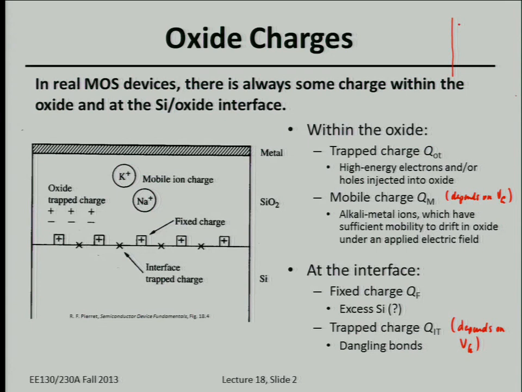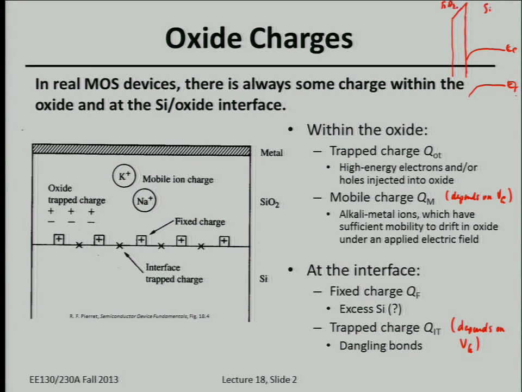Let's see, which way do we want to do it? Let's sketch it like oxide. And let's just say the surface is P-type silicon and the surface is slightly depleted, like this. So this is silicon, and here's the silicon dioxide.